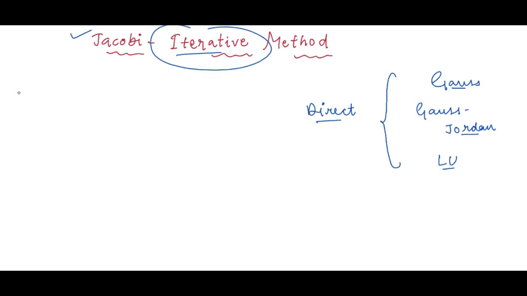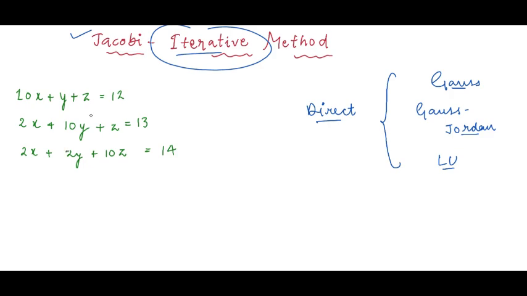So suppose we have the following system of equations: 10x plus y plus z equals 12, 2x plus 10y plus z equals 13, 2x plus 2y plus 10z equals 14. Instead of eliminating the variables, let's rewrite each equation by isolating one variable.